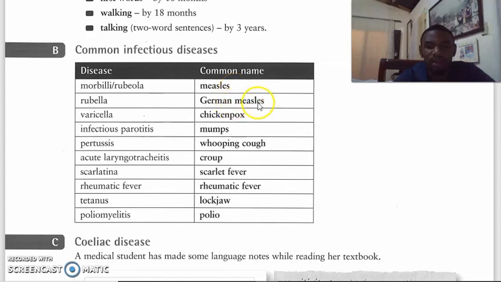In everyday English: measles, rubella, chickenpox, mumps, whooping cough, croup, scarlet fever, rheumatic fever, lockjaw, polio.